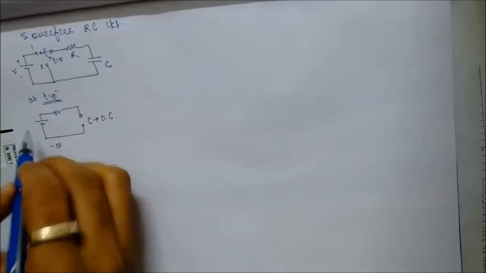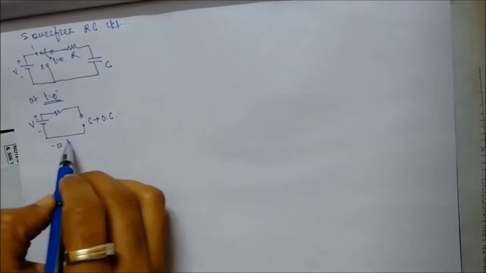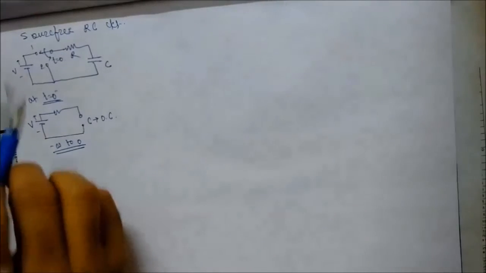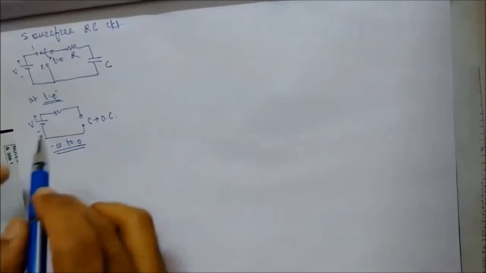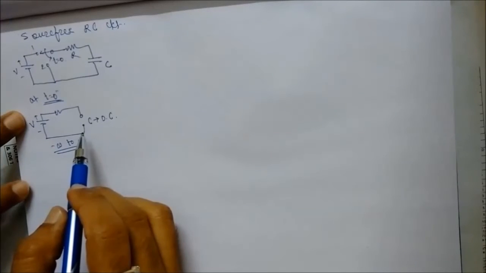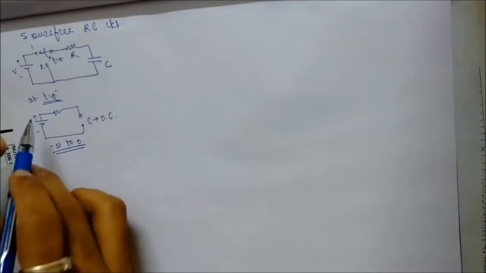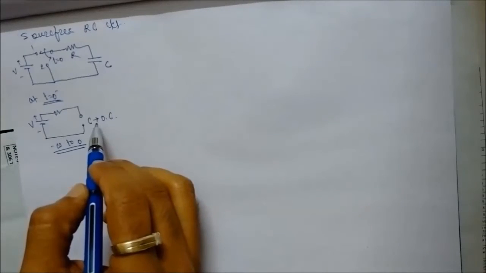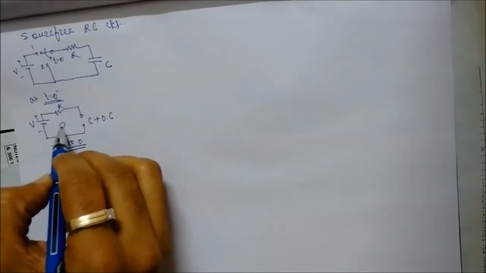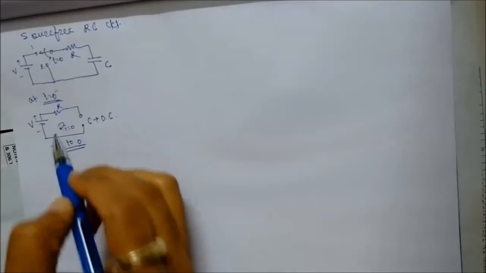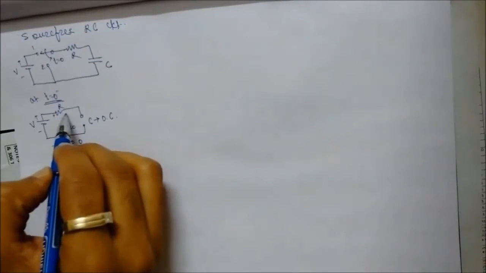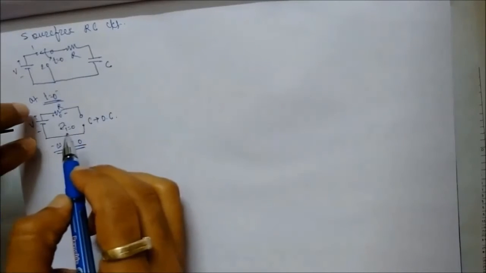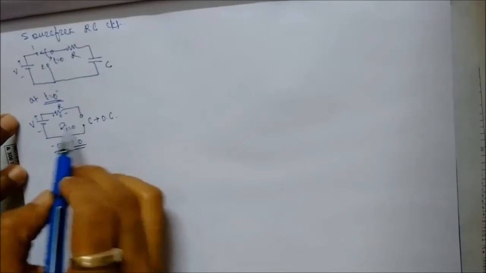Since source was applied from minus infinity to 0, that means before moving switch from 1 to 2, the circuit must have attained its steady state value, because source was applied for a very long time, and in steady state we know that capacitor acts as open circuit. So current through the circuit will be 0 at t equal to 0 minus, and there won't be any voltage drop across resistor, and complete voltage V will come across capacitor.